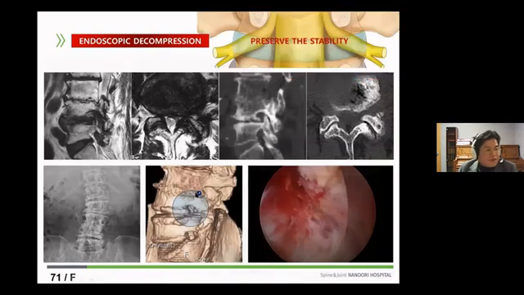In particular, an increase in the number of elderly patients is inevitably accompanied by degenerative deformity accompanied by spinal stenosis. Even in these cases, decompressive surgery becomes possible while minimizing fusion surgery.